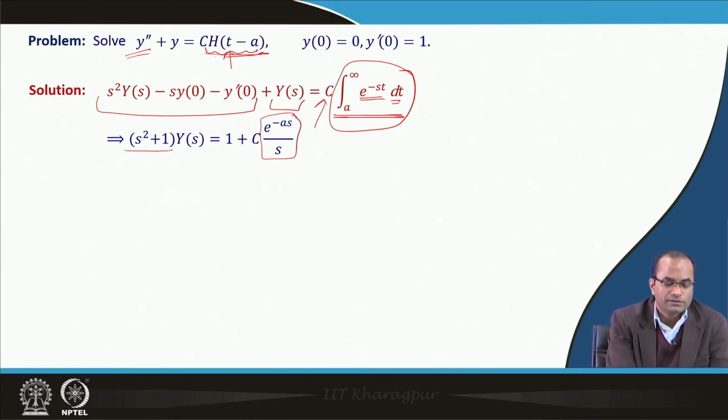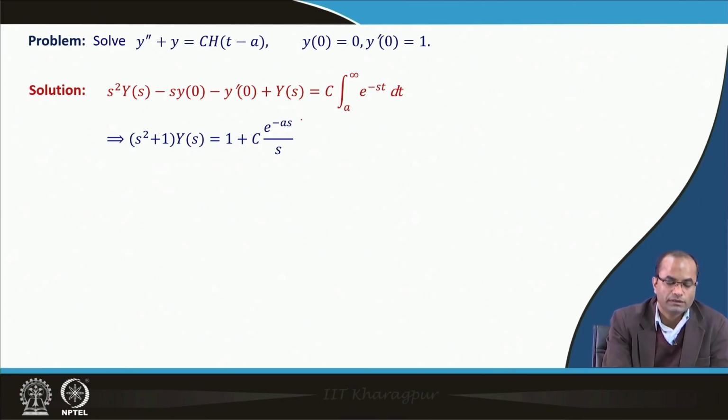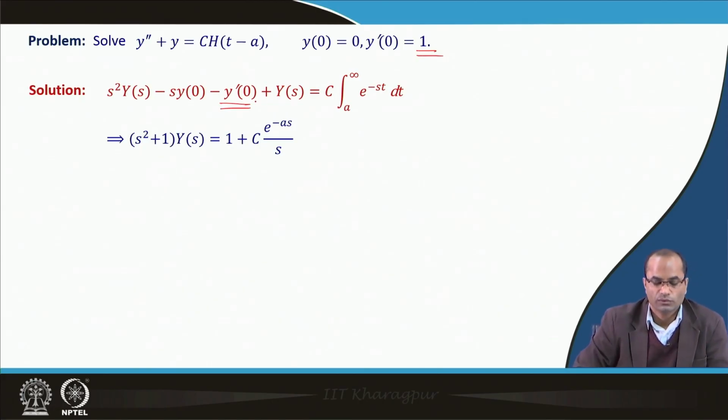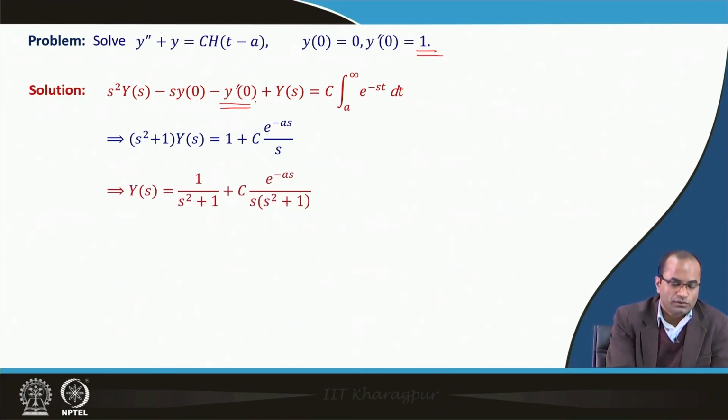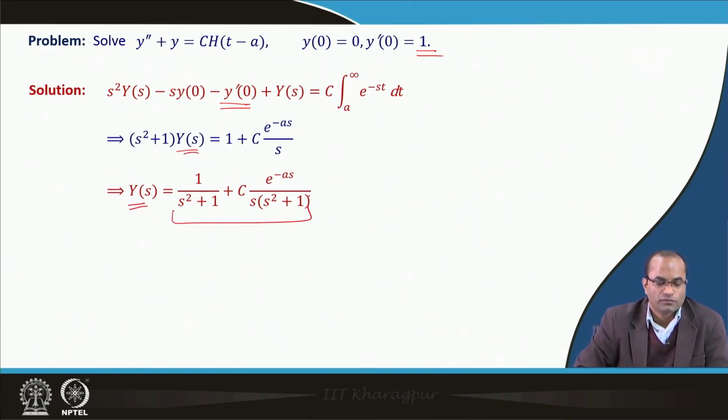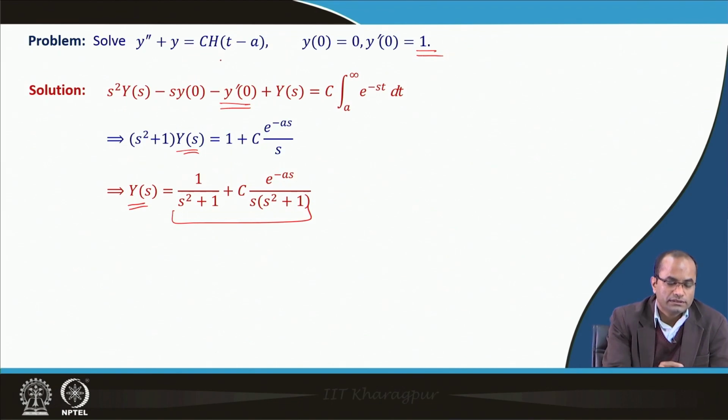So, here we have (s square plus 1) Y(s) is equal to 1 plus c e power minus as over s, and we have used this initial condition y prime(0) as 1. So, simplifying this for Y(s), we have these expressions now for Y(s), including the c there.